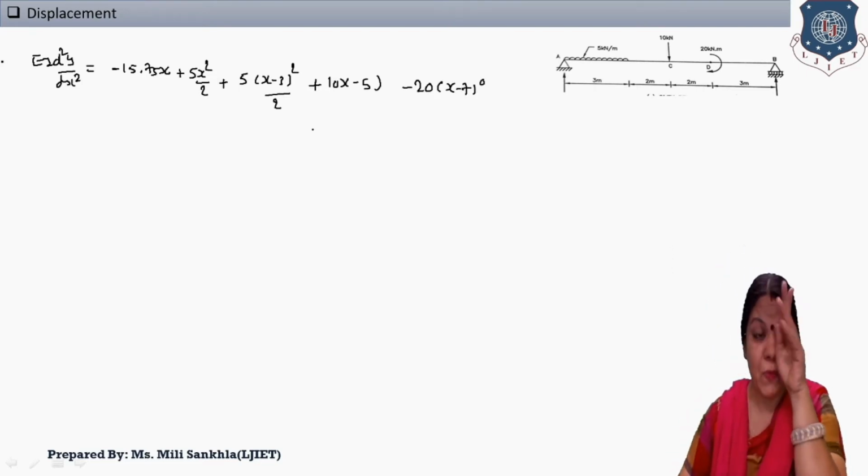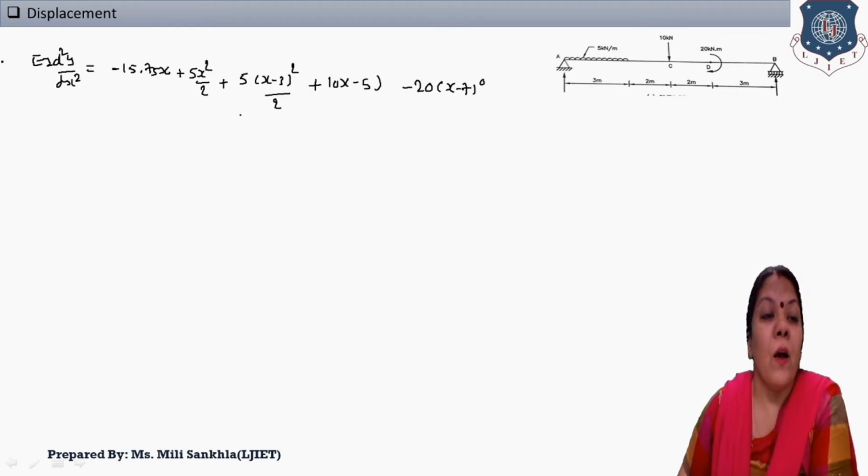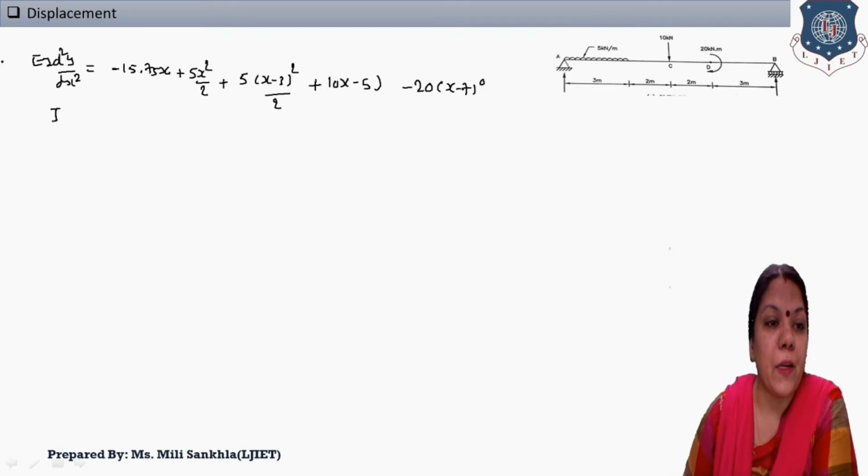This is the differential equation. Now, first step, integrate it. Integrate our first equation.